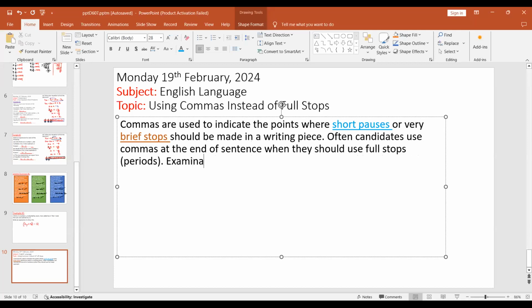Examiners refer to this type of error as the comma splice.